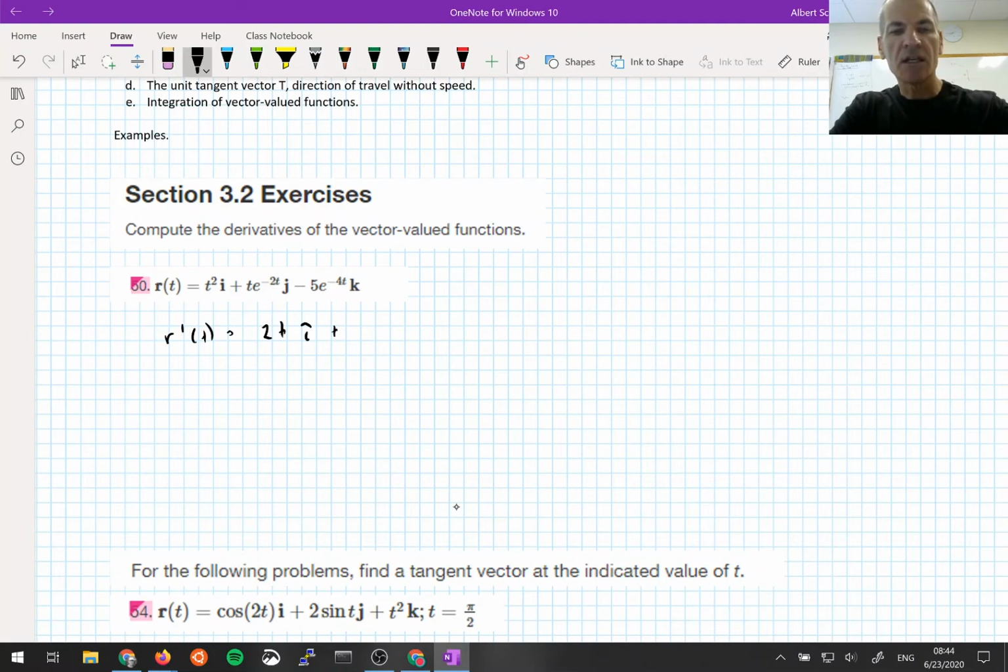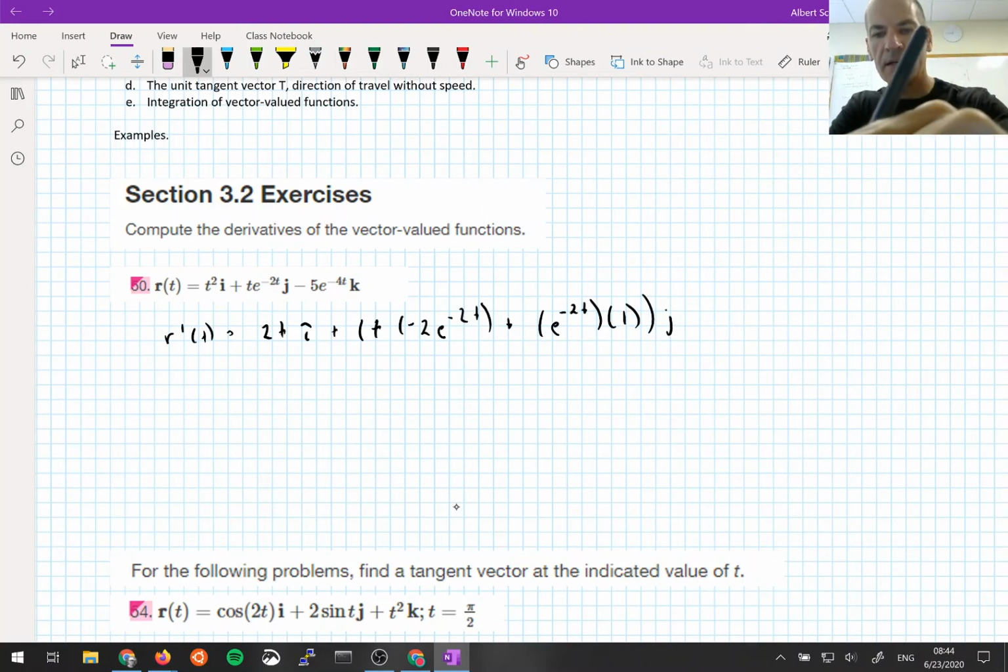And notice this is t e to the minus 2t, so we have to use the product rule. That's going to be first times the derivative of the second plus the second times the derivative of the first, like that. And then carry along the j unit vector.